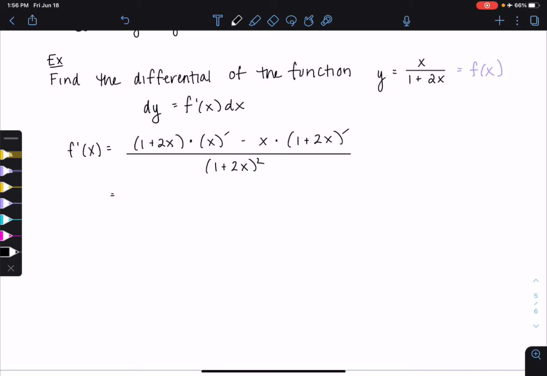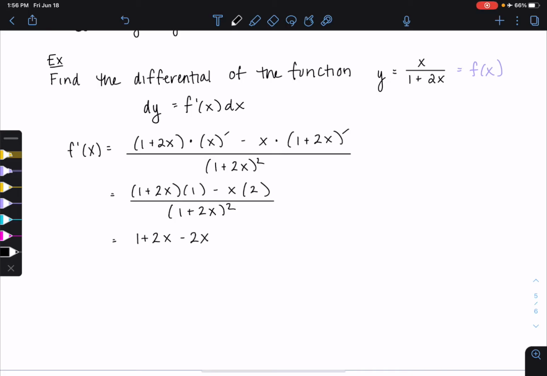Taking those derivatives, derivative of x is 1. Derivative of 1 plus 2x is 2. And then the denominator is (1 plus 2x) squared. So simplifying this, that's 1 plus 2x minus 2x divided by (1 plus 2x) squared. And then nice things happen, the 2x's disappear.